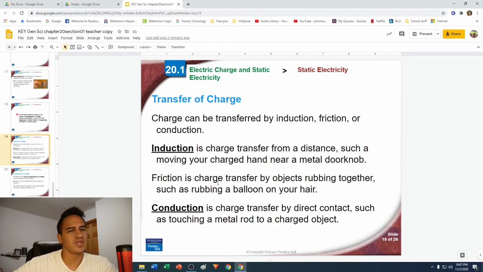Okay, and we'll do things like this in class as an example, but one example could be is if you were to touch an object that could generate electric charge, and then you went and held your friend's hand, they would also get charge as well. Okay, and then they could hold someone else's hand, and then they would get charge, and it would just kind of continue down the line until you could discharge it somewhere. That's conduction, okay, direct contact.